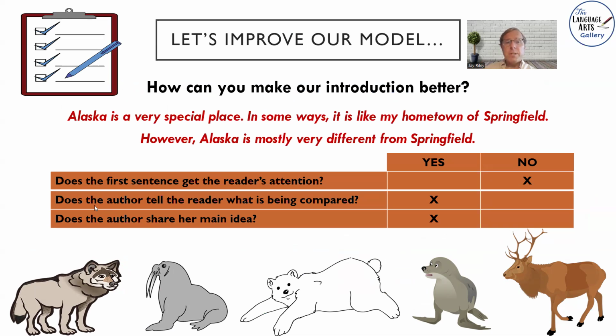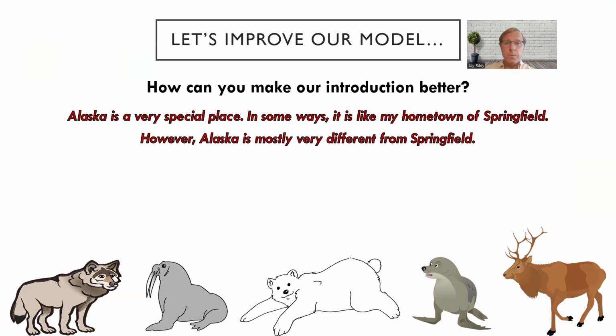But Jenny does do a good job telling the reader what's being compared, and she does do a good job sharing her main idea. So this is great if you want the kids to go through a model essay, if you want them to self-reflect and go through their own essay, or if you want to break them off into pairs and have them do some peer review of one another's introduction. This is a great tool.